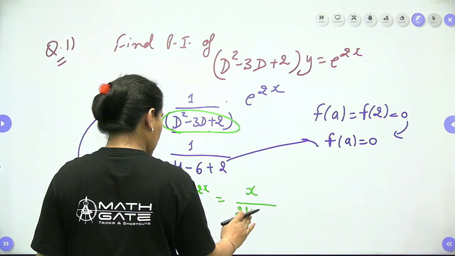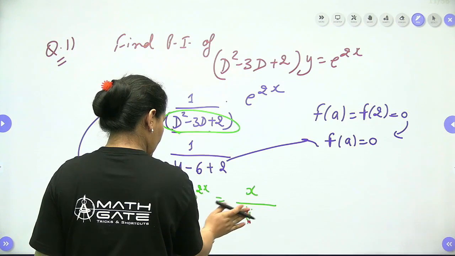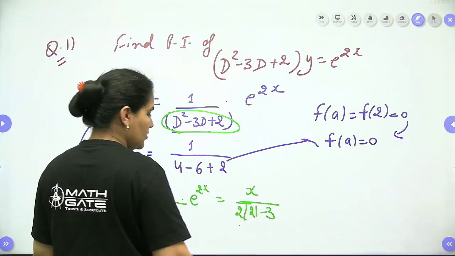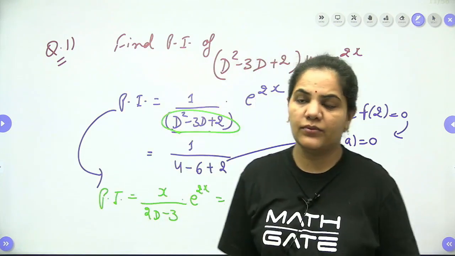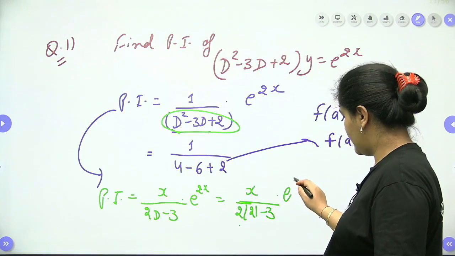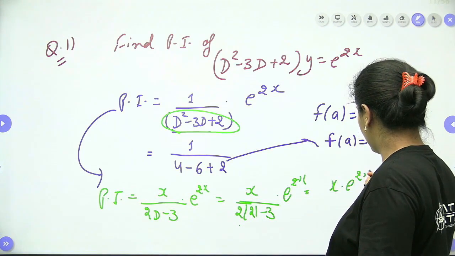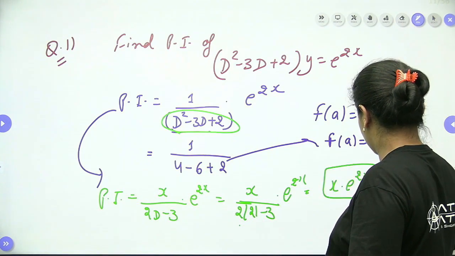The value of D, or the value of a, is 2 only. So it will be 2 into 2, that is 4, minus 3, into e^(2x). So x into e^(2x) will be your final answer.